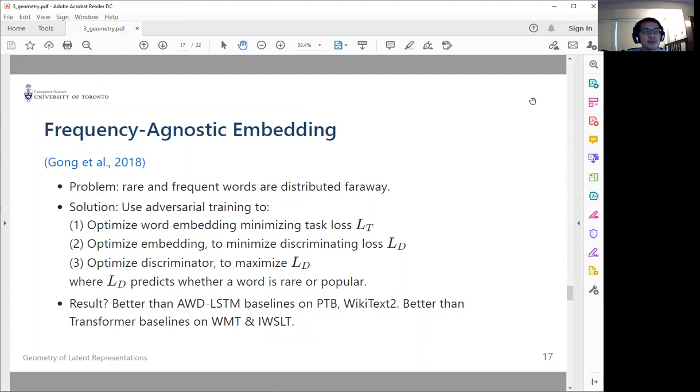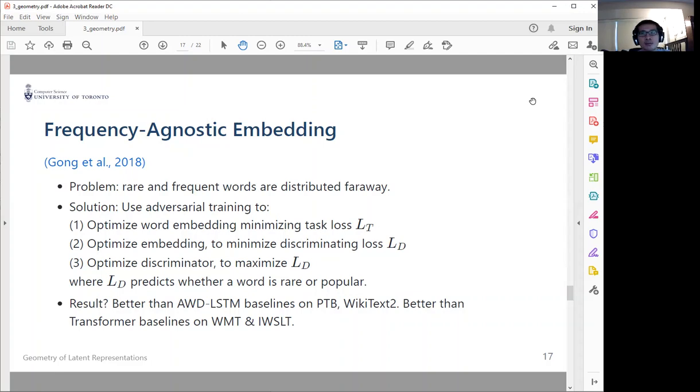So in this way they try to hide the frequency information, and they found that by using word embeddings pre-trained in this manner, they can achieve better than the state-of-the-art baselines on PennTreebank, Wikitext-2, and better than transformer baselines on WMT and IWSLT.